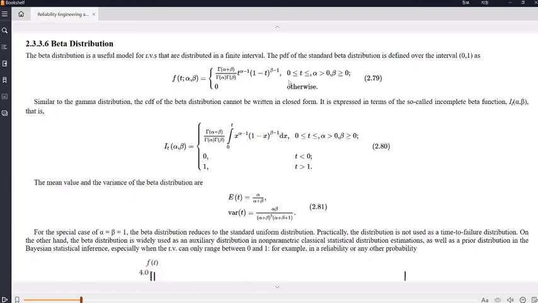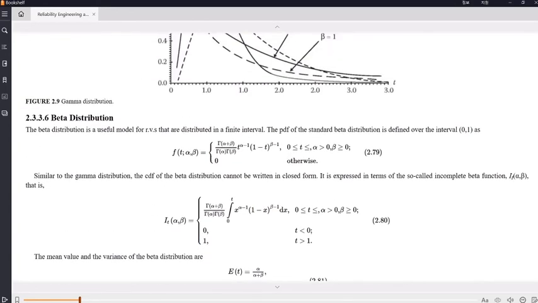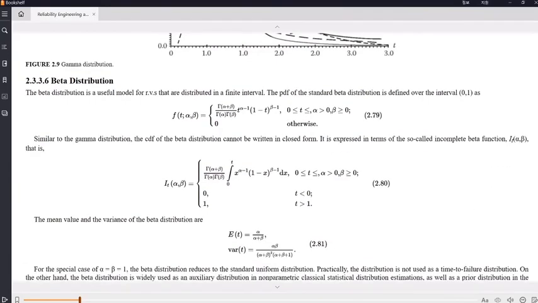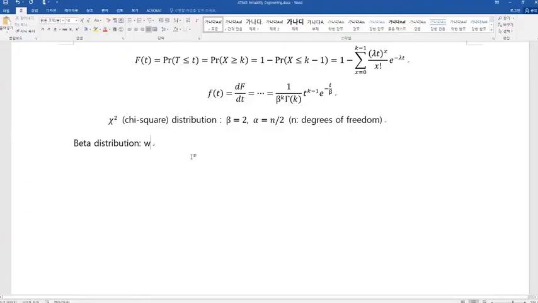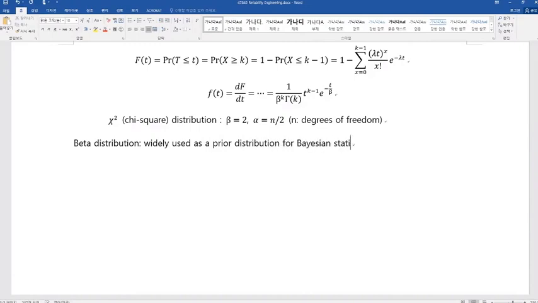When the random variables' interval is clearly defined, confined, it can be widely used in Bayesian statistical inference. Widely used as a prior distribution for Bayesian statistical inference.